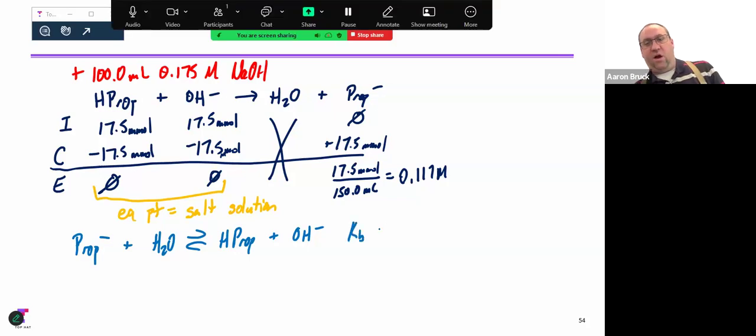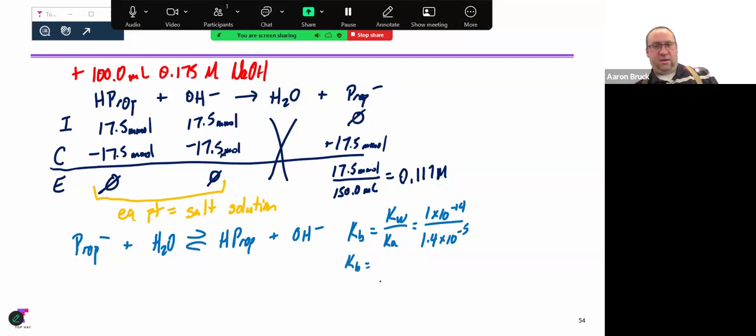The equilibrium constant for this: Kb is equal to 1 times 10 to the negative 14th divided by the Ka for propanoic acid, 1.4 times 10 to the negative 5th, which is 7.1 times 10 to the negative 10th.